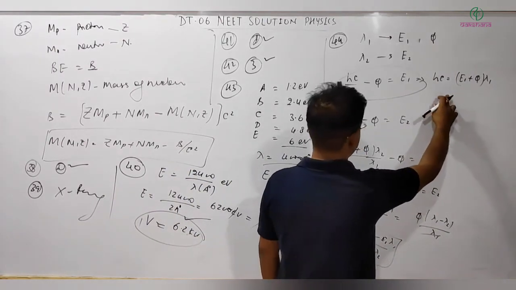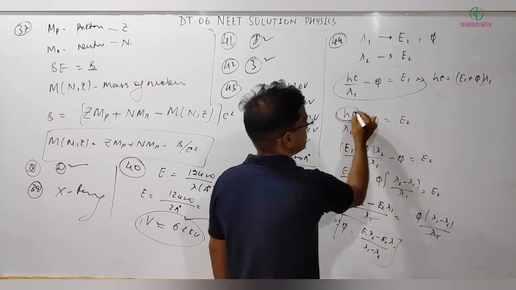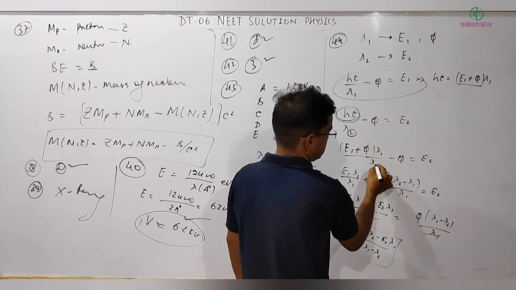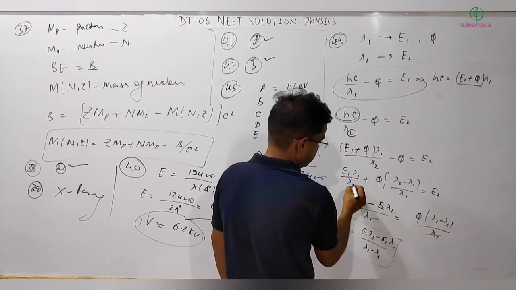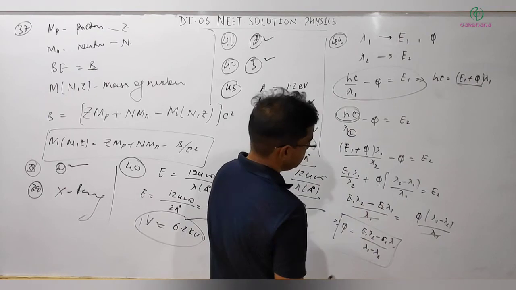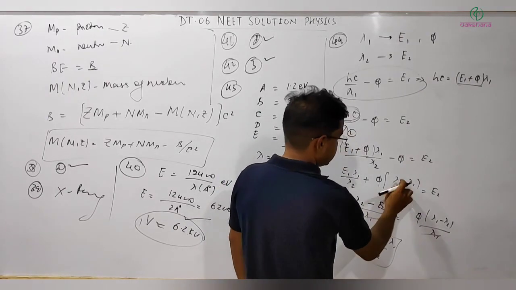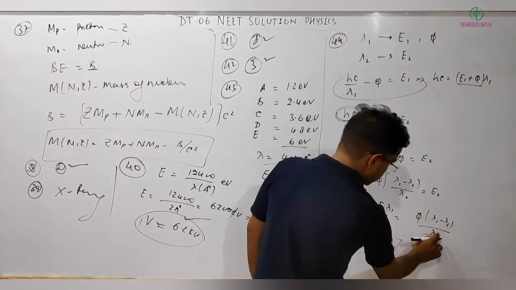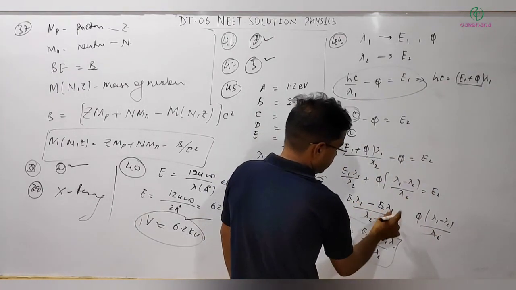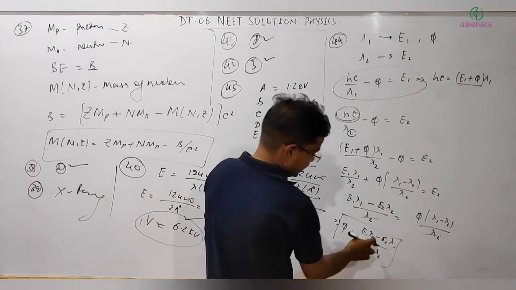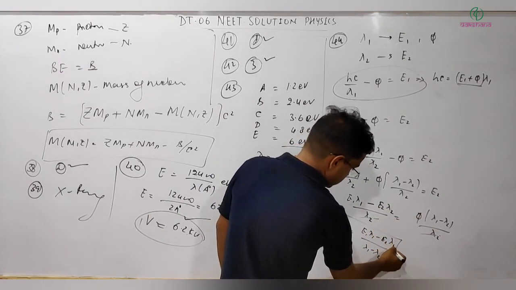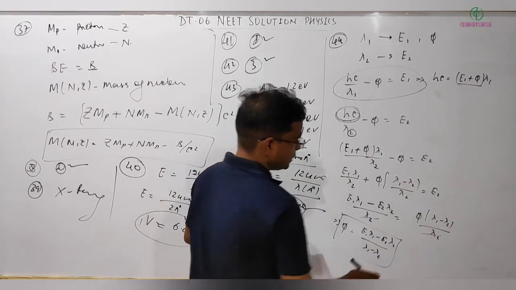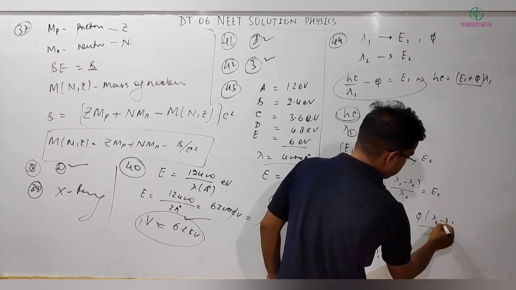It should be E2 lambda 1 and E1 lambda 2, and in the denominator lambda 1 minus lambda 2, and simplifying it, the denominator will be lambda 2 minus lambda 1.